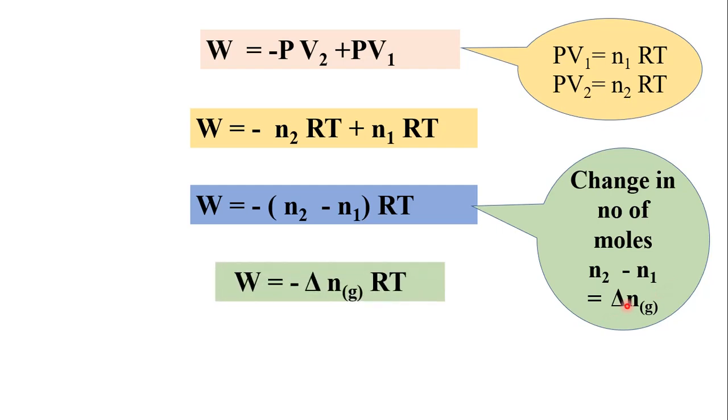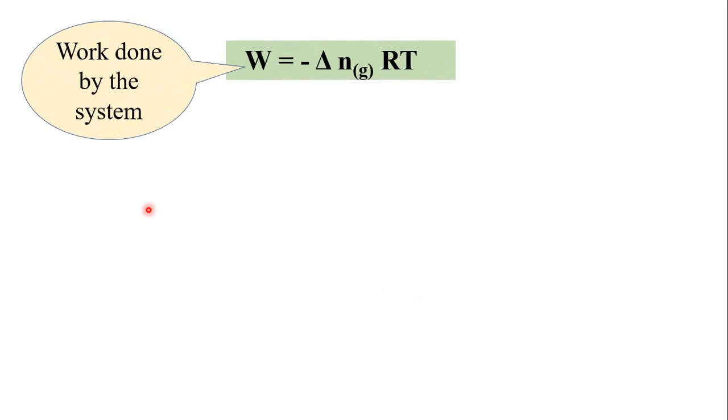Substituting this value, we get W is equal to minus delta n_g RT, where the subscript g is for only gaseous reactants and products. So W is equal to minus delta nRT. This is for the work done by the system.